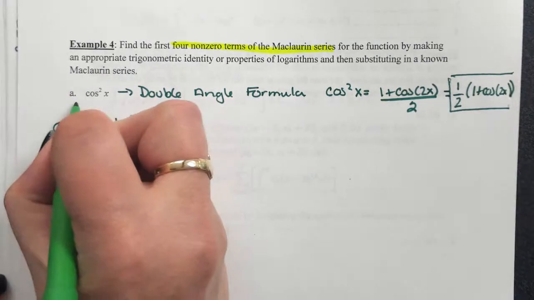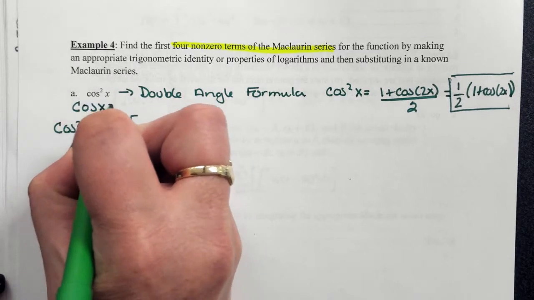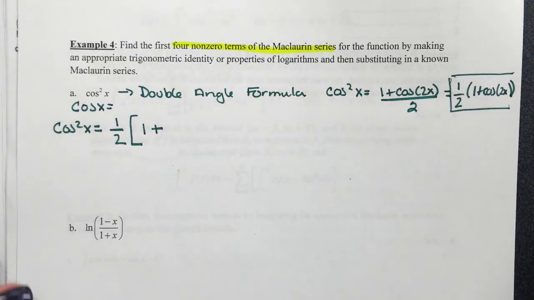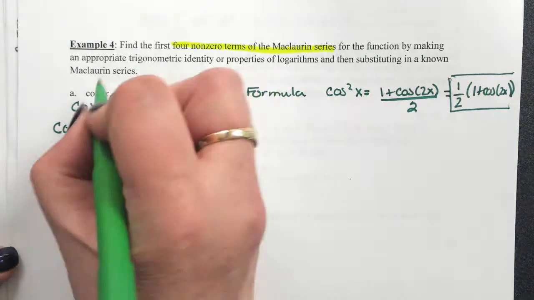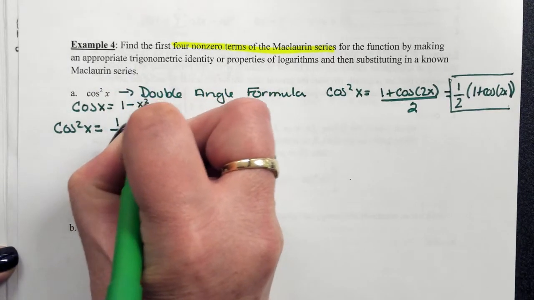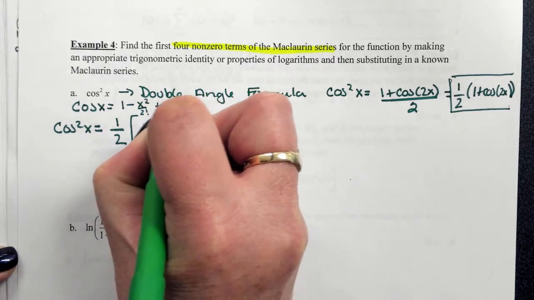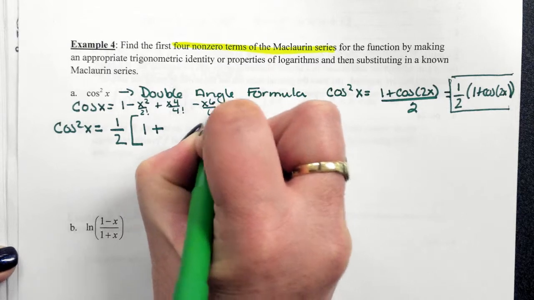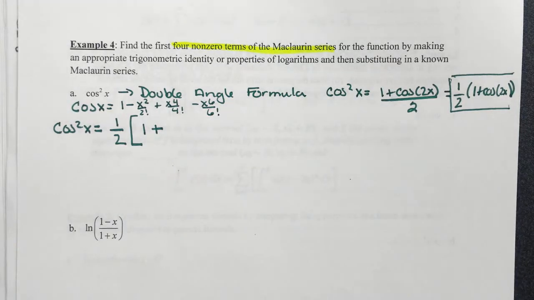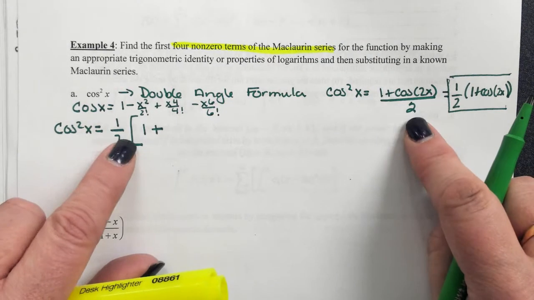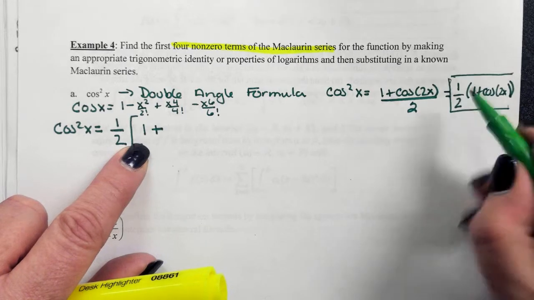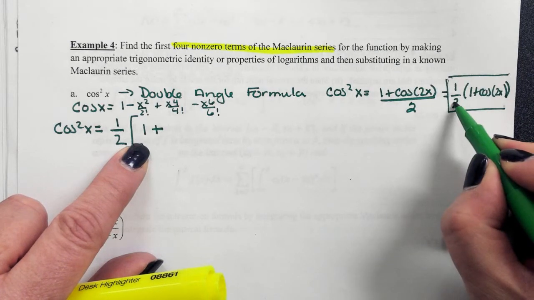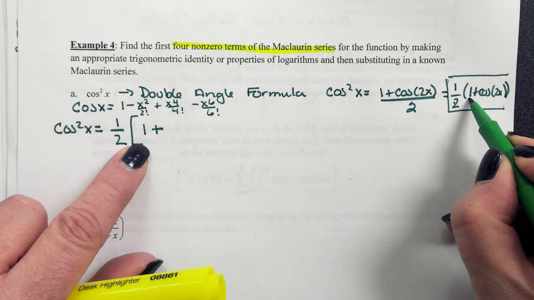Now remember, I know what the Maclaurin series for cosine of x is. The Maclaurin series for plain old cosine of x is going to be equal to 1 minus x squared over 2 factorial plus x to the 4th over 4 factorial minus x to the 6th over 6 factorial. So there's this 1/2 times a quantity of 1. That takes care of this part of my double angle formula as well as the 1.